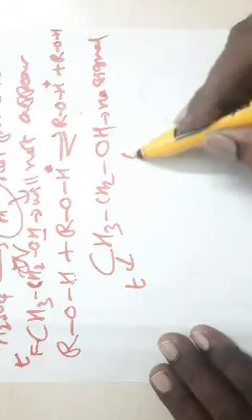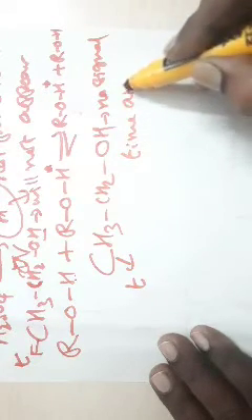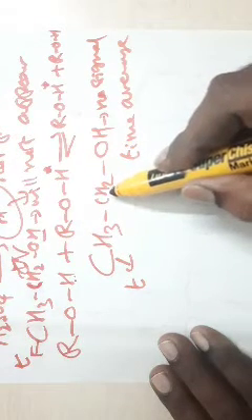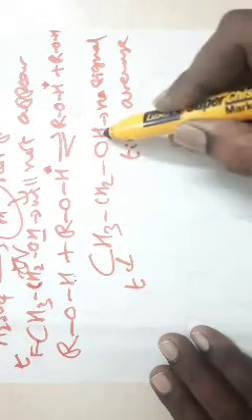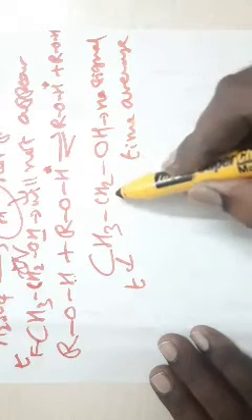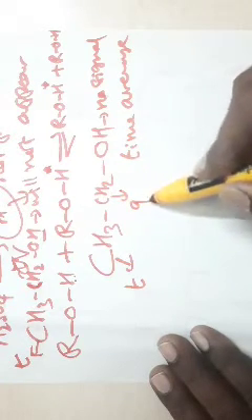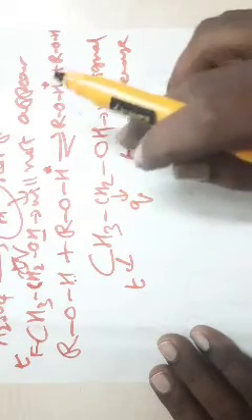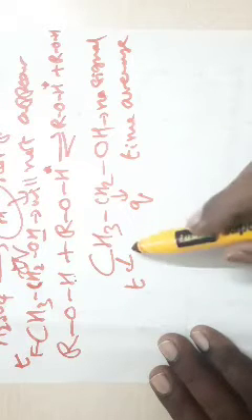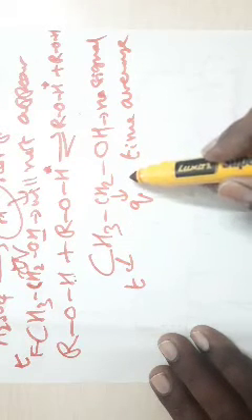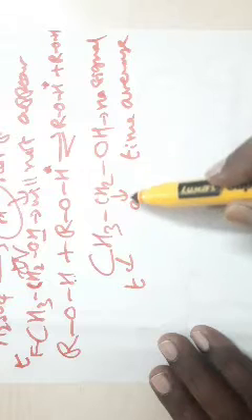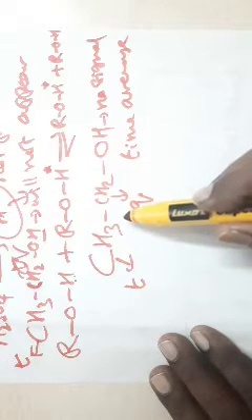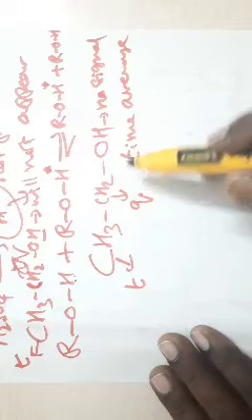Only the time averaged environment is found. As a result, these protons cannot see the protons in 2 different situations. So we get a quadret only. Each line is not split by these protons into 2 lines. So this is the observed signals and their pattern for the PMR spectrum of ethanol under impure conditions.